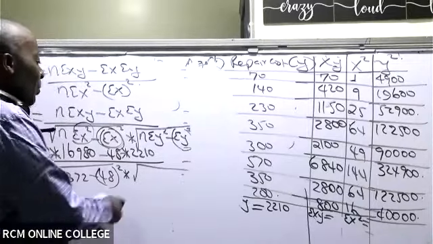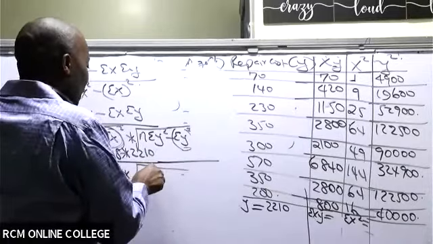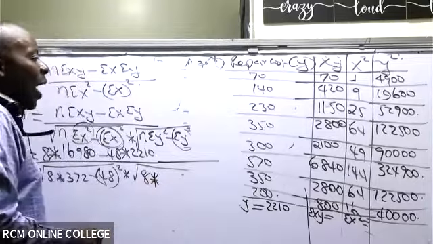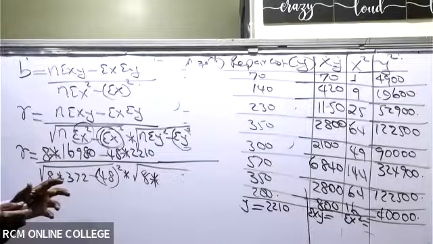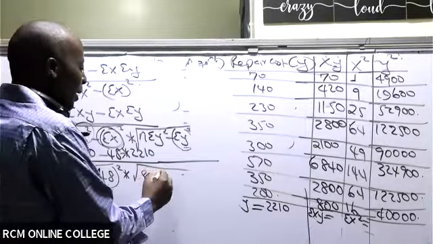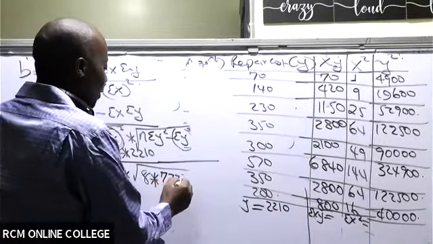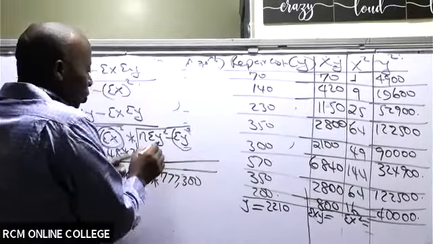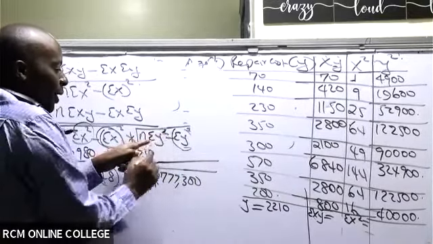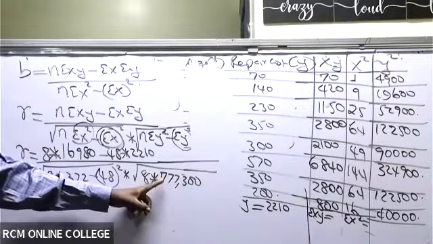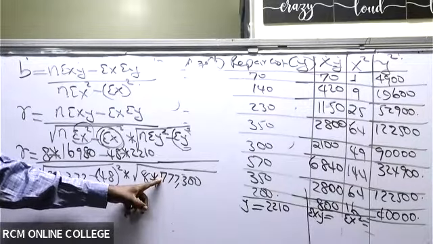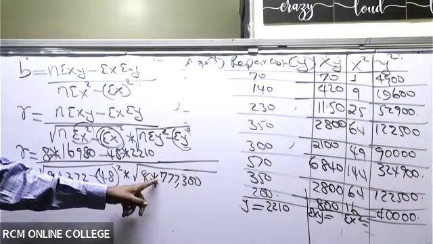ladies and gentlemen, n which is 8 times summation of y squared. Summation of y squared, you guys gave me a big number. Was it 777,300? Are you able to remember this number, 777,300?